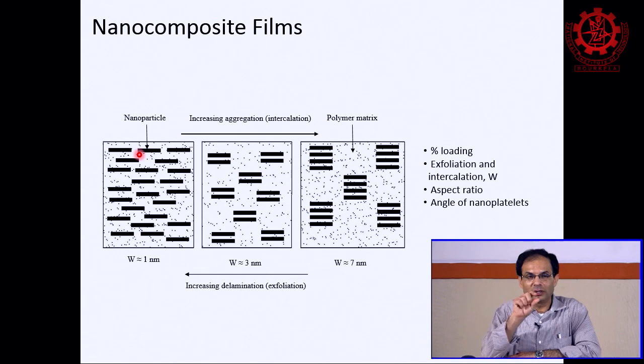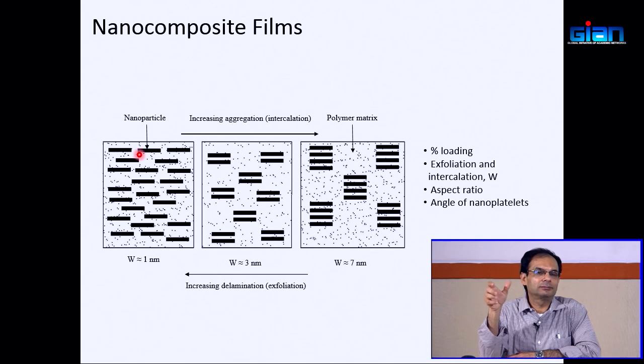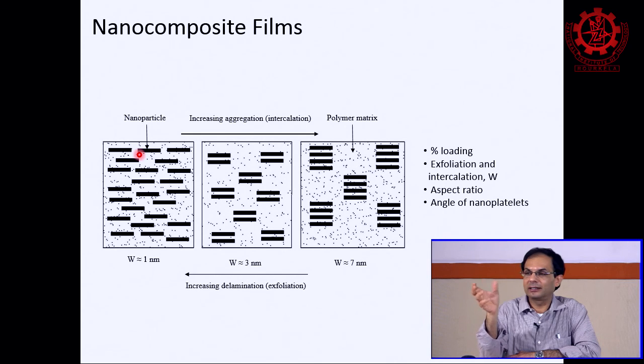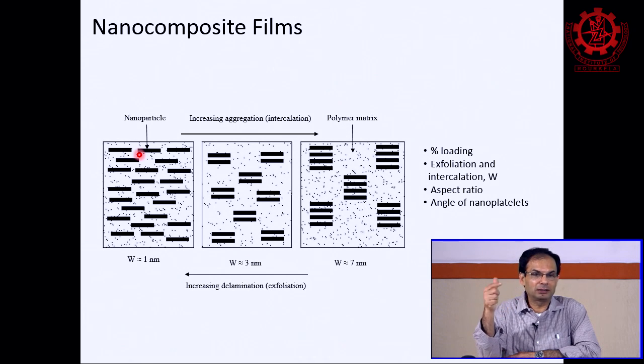Platelet shape means in one dimension the distance is quite long, about 100 to probably 700, 800, 900 nanometer, while in the other two dimensions they're just like 1 nanometer. Right? What is a nanometer? 10 to the power minus 9 meter.